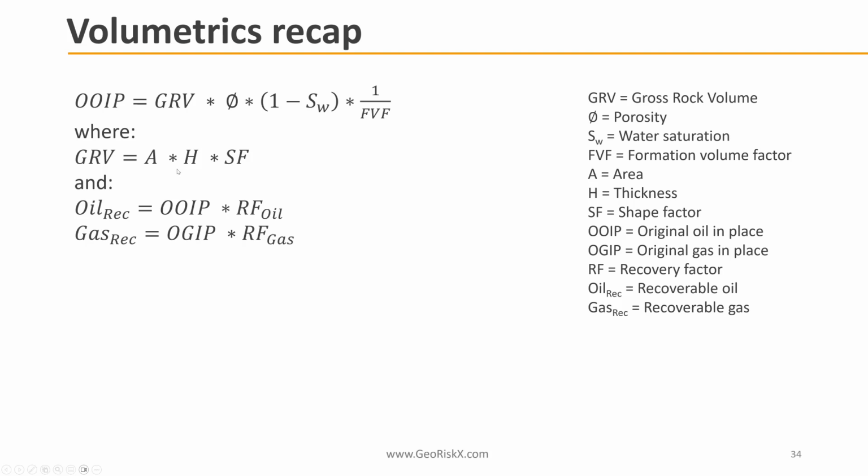Our gross rock volume, just a reminder, can either be calculated from a 3D model, or it can be an area times a thickness times a shape factor. And so that's how we get to our oil or gas in place.